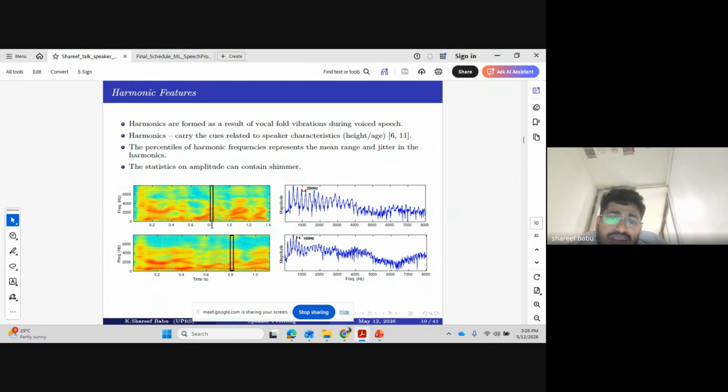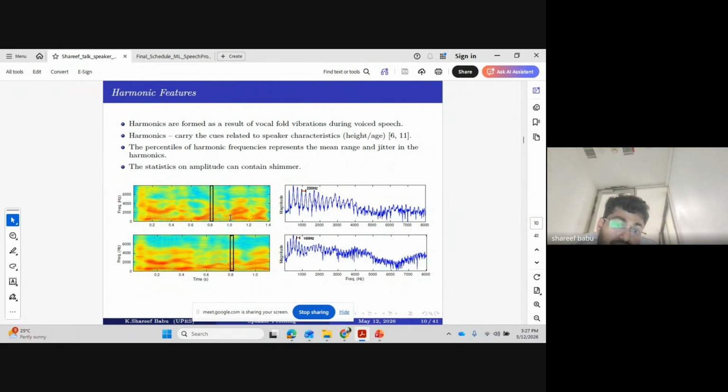Here we also observed, and the literature has also identified, that the harmonics carry cues related to the height and age of a person. We looked at the spectrogram and the spectrum corresponding to the right side here. This spectrogram is of the TIMIT SA2 sentence, spoken by two speakers. The top one is the shorter speaker and the bottom one is the taller speaker.